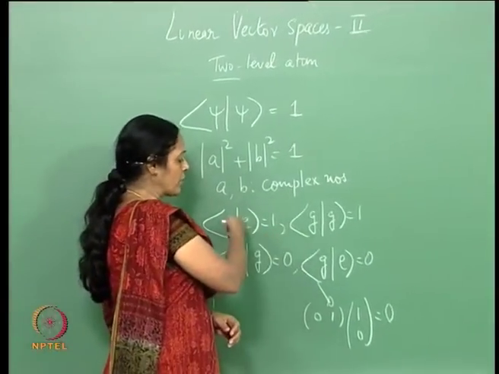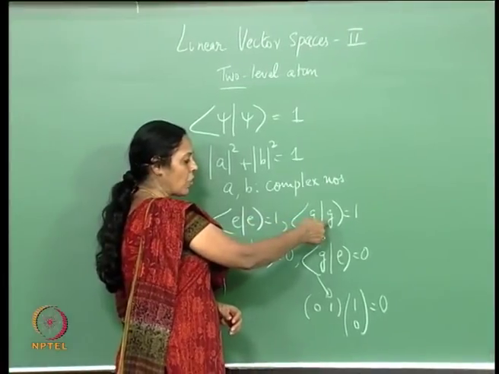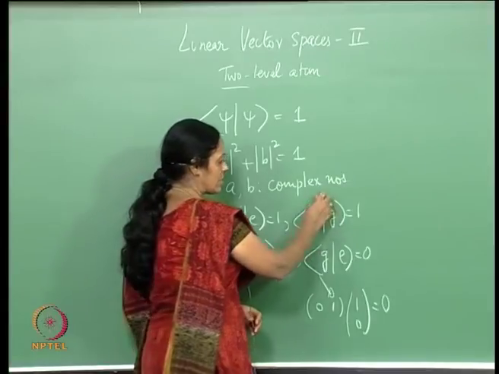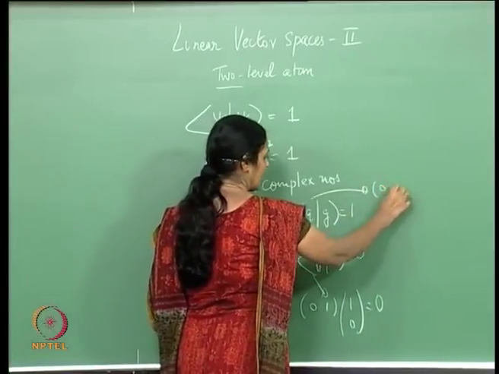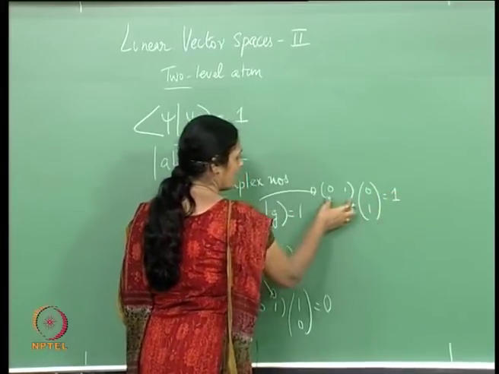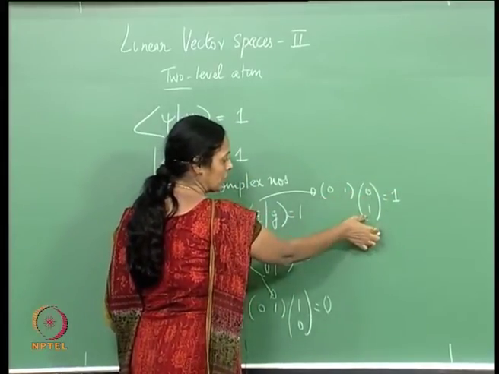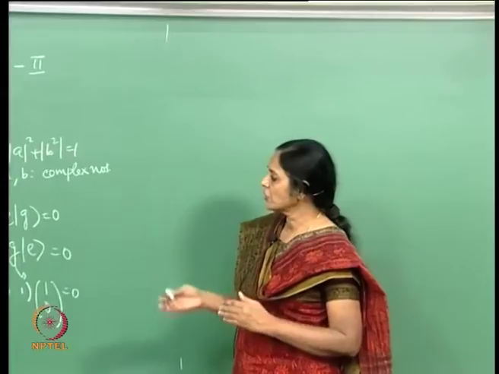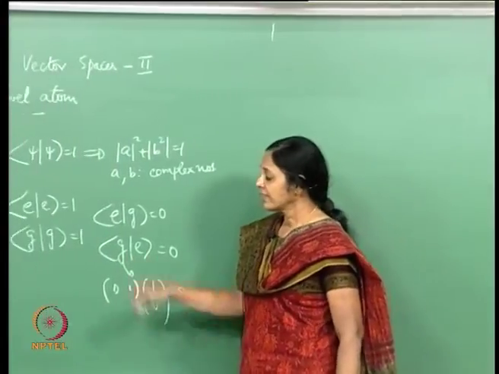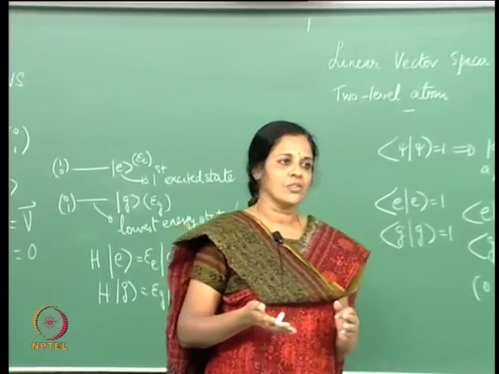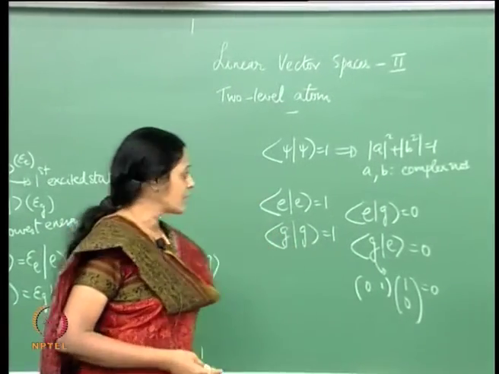I could give matrix representations for all these and obtain, for instance, in this case, that the row 0 1 with the column vector 0 1 is 1. So, I have this orthonormal basis, and these basis vectors are chosen in the context of this physical situation to be the energy eigenstates of the atom.